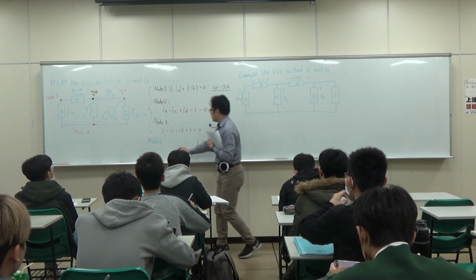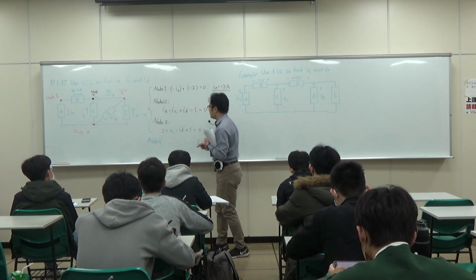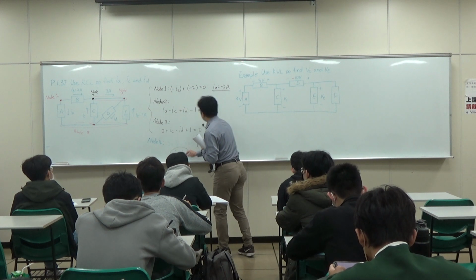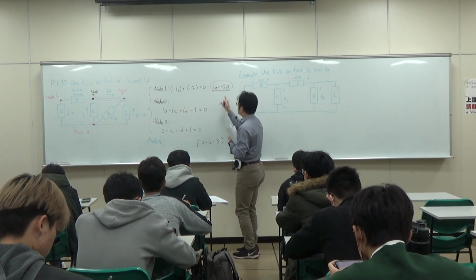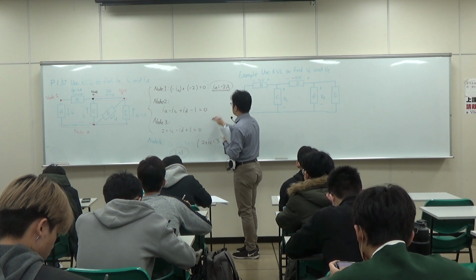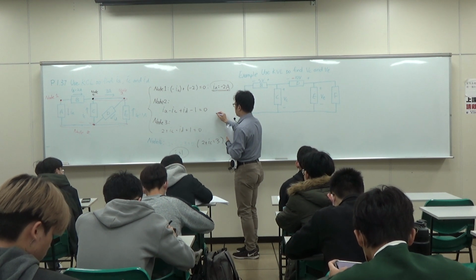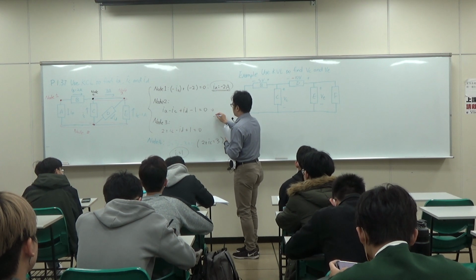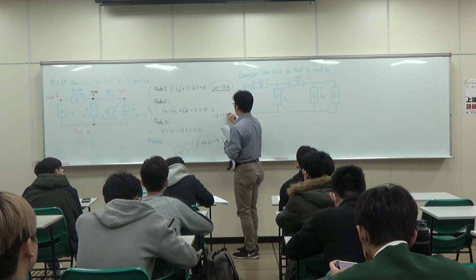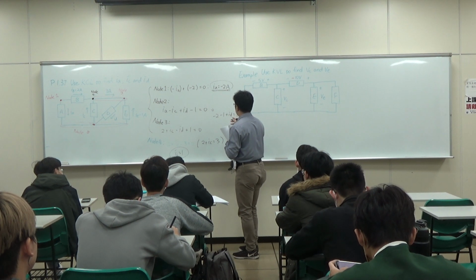IC equals 1. Okay, IC equals 1. So this is another answer. This is one answer. So since IA is minus 1 and IC is minus 2 and IC is 1, so this becomes minus 2 minus 1 plus ID equals 1.